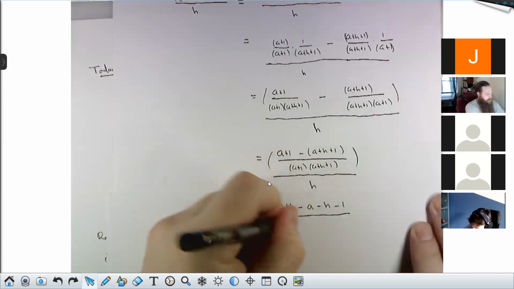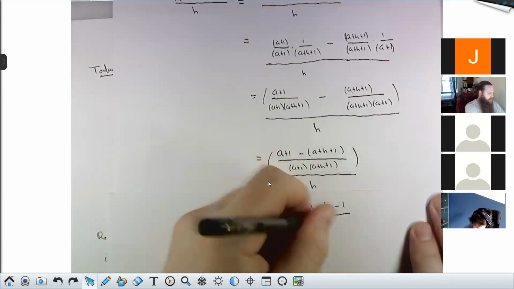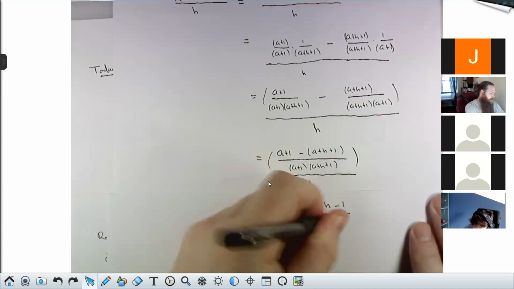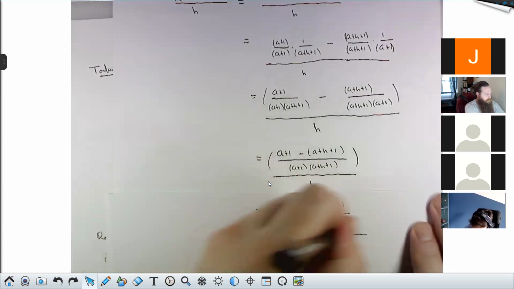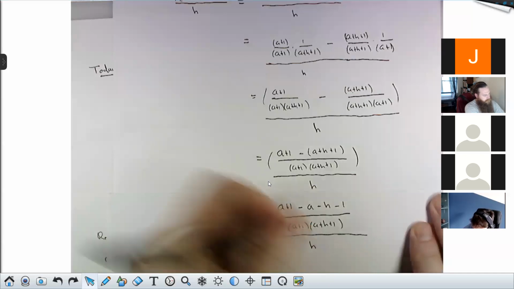That's being divided by a plus 1 times a plus h plus 1. And all of that is being divided by h.